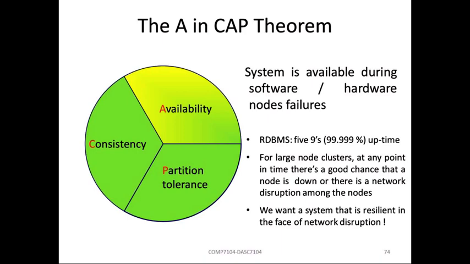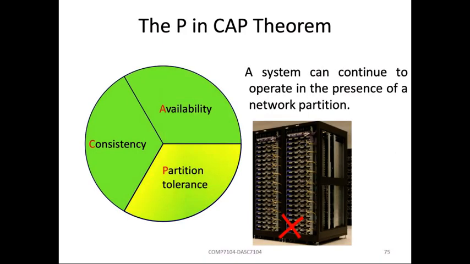So we want a system that basically is resilient in the face of all failures, including major network failures, major, let's say, partition failures in the system. And the P basically represents the fact that the system can continue to operate in the presence of large failures, network partitions.